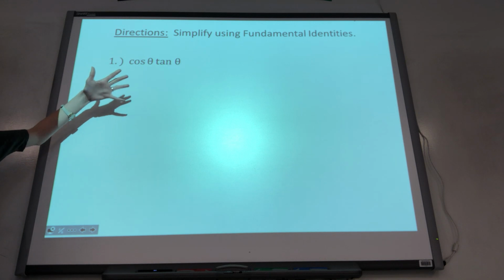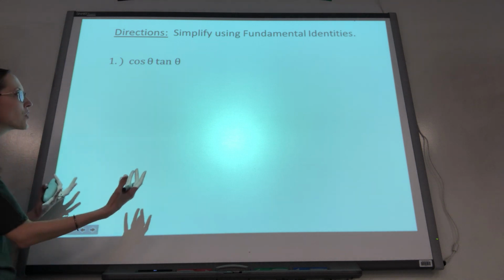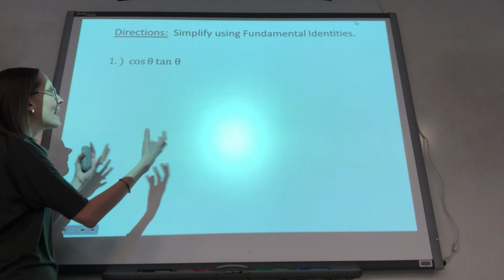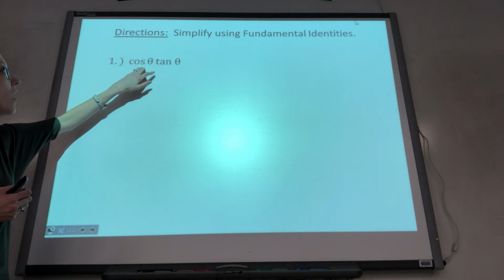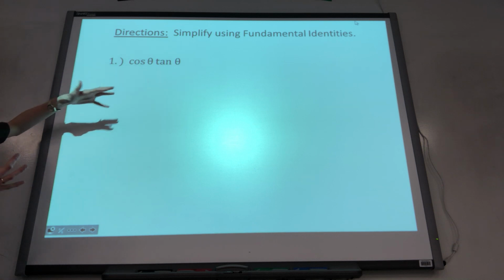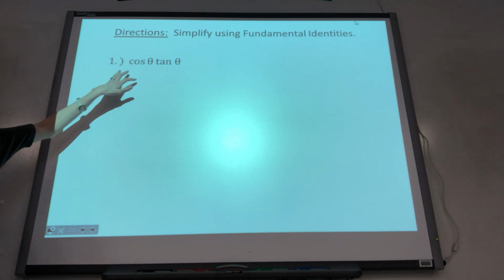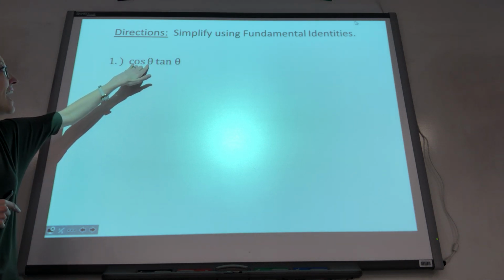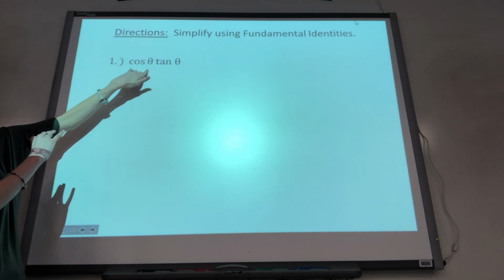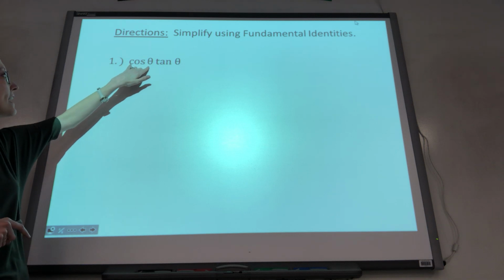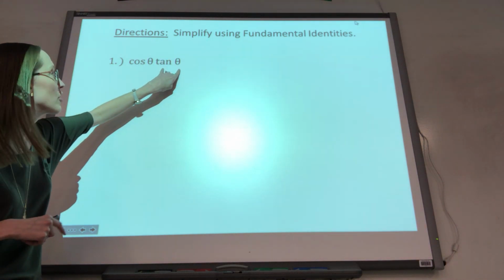Now, as we go through these problems, I'm going to try to describe what the thoughts are in my head about how to approach the problem. What you need to do on these problems today is look at maybe just one part of the problem at a time. Look at one part and see if there's any way you could rewrite that one part using an identity of some kind so that it would have something in common with the other part.